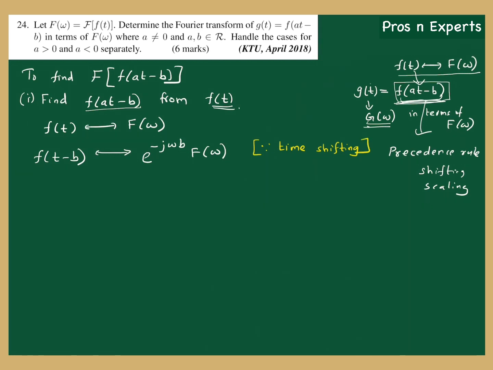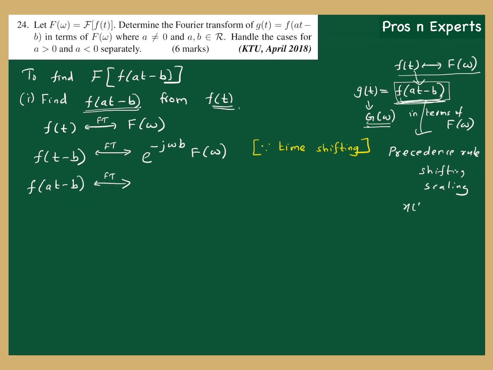Now ultimately what we have to get is f of at minus b. So you already have f of t minus b. Now what will be the Fourier transform of f of at minus b? You have to be thorough with the scaling property.